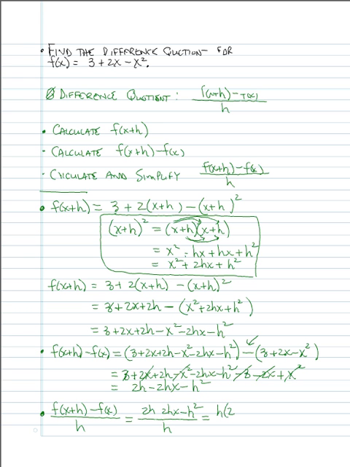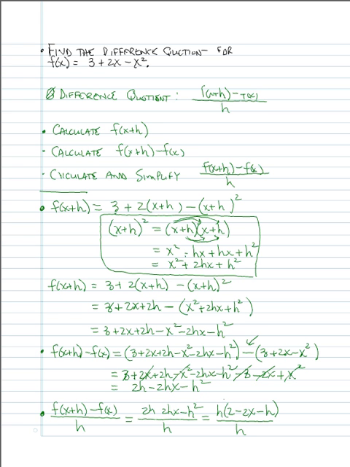h times 2 is how we get a 2h, minus h times a 2x, that's 2hx, and minus h times an h. All we've done is factor out an h from each of those terms. Okay? If I multiply that out, I get 2h − 2hx − h².